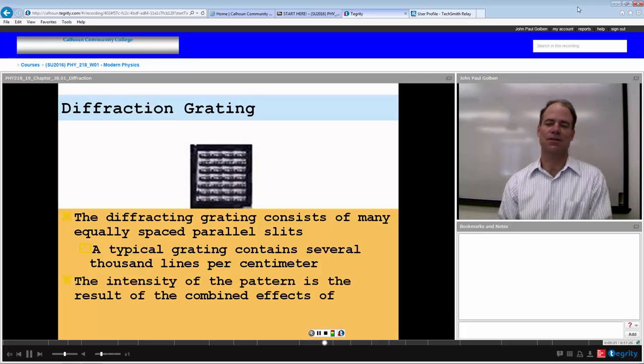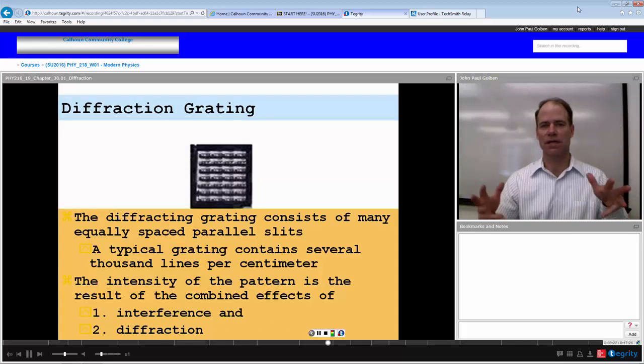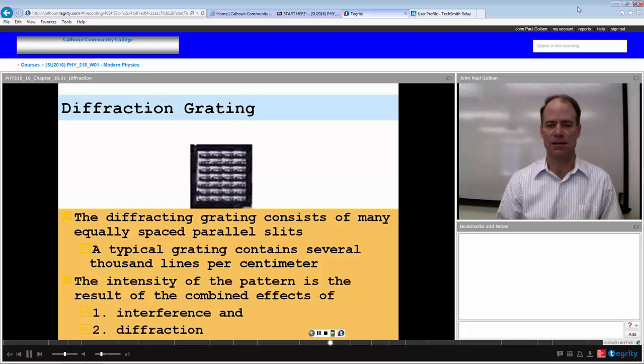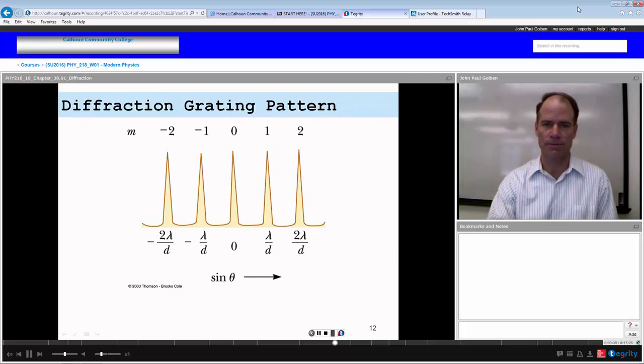The intensity of the pattern is the result of the combined effects of interference and diffraction, and it'll be superimposed with each spacing and each slit, hence giving us a very good, consistent pattern of maxima separated by broad minima.